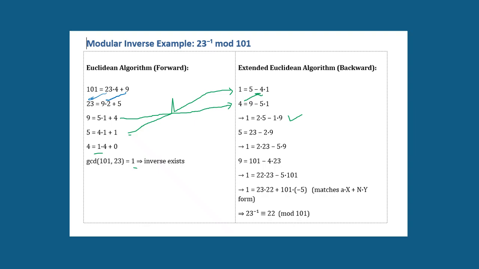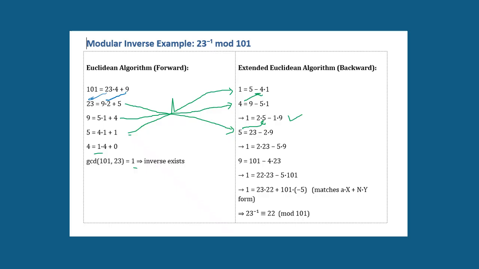And you remember the 5 is one of the remainders, basically in reverse. Next you look for this one here. You rewrite and substitute this 5 into this 5 here. You reorganize it, recognizing 23 is what you are going to find the inverse of. So you organize your equation like this. The next one is 1 equals this, and next you have 9 here.